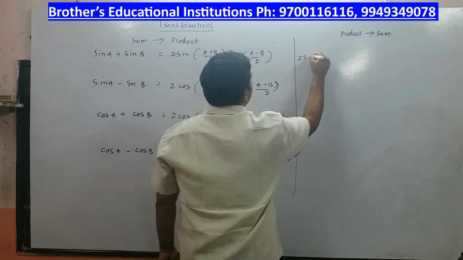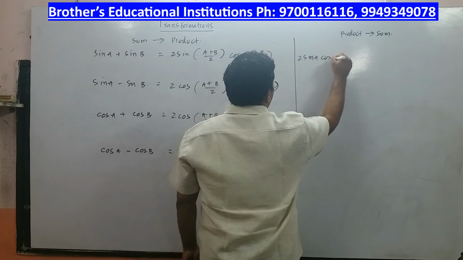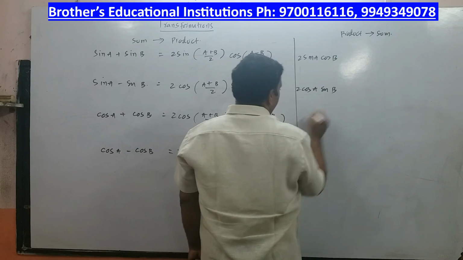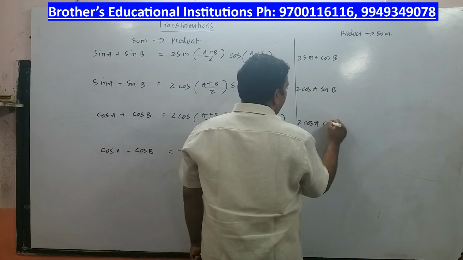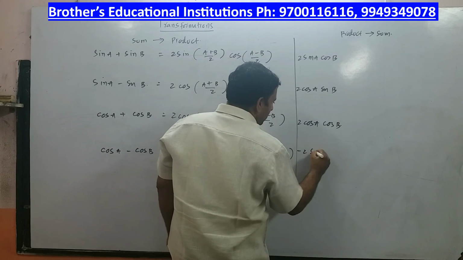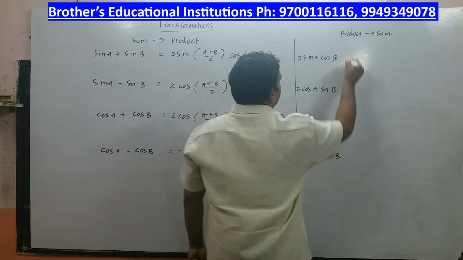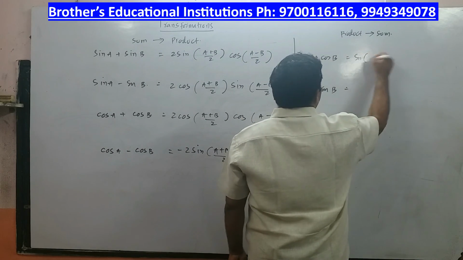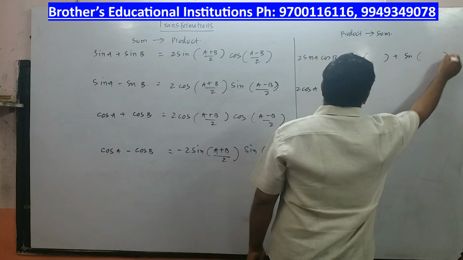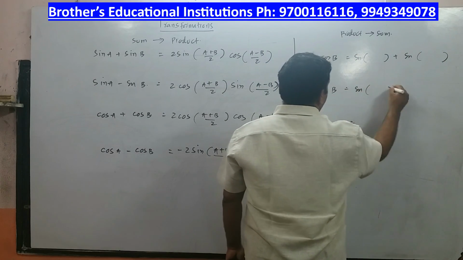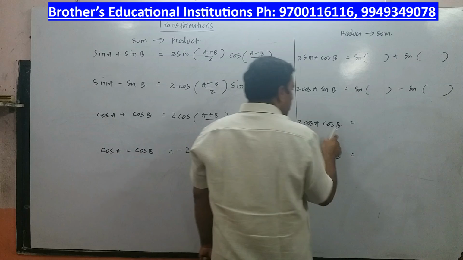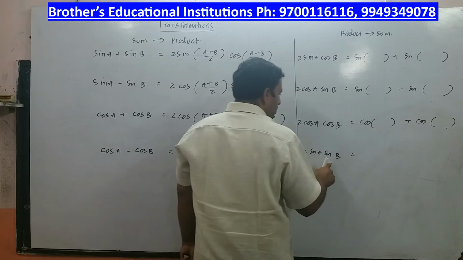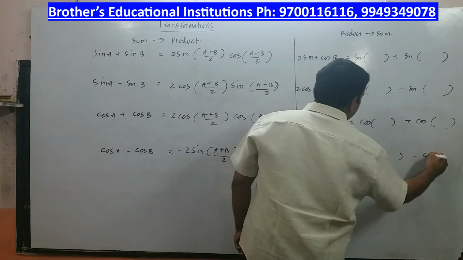You have 2 sine A cos B, 2 cos A sine B, 2 cos A cos B, minus 2 sine A sine B. When you are dealing with product to sum, what will you write? 2 sin A cos B is sine plus sine. 2 cos A sin B is sine minus sine. 2 cos A cos B is cos plus cos. Minus 2 sin A sin B is cos minus cos.